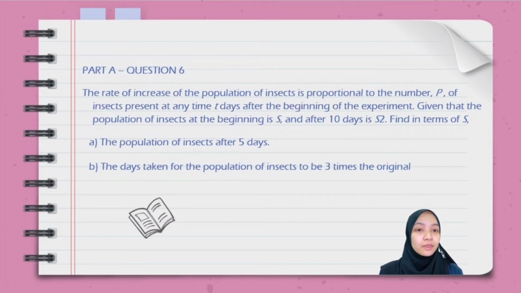Given that the population of the insects at the beginning is S and after 10 days is S squared, find in terms of S the population of insects after 5 days and the days taken for the population of insects to be 3 times the original.